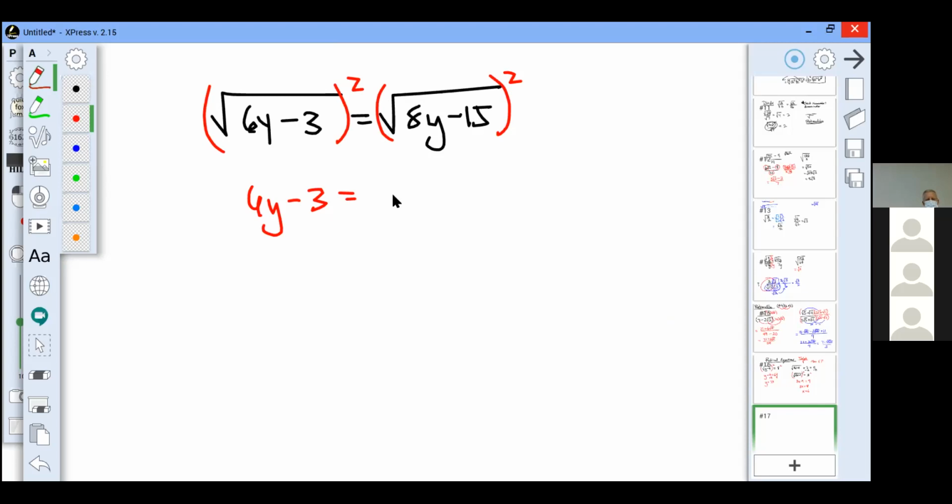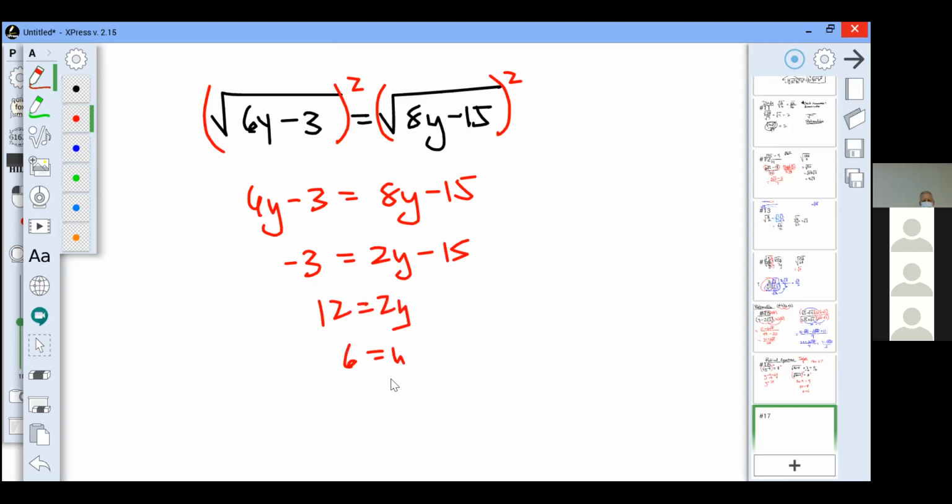And then you end up with the equation underneath that again is a very easy, linear equation to solve. Subtract 6y, add 15, and of course divide by 2.